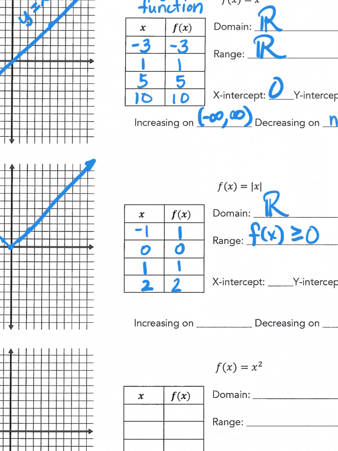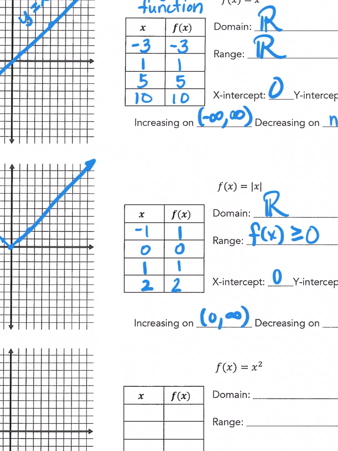Get used to writing f of x instead of y in this class, okay? So what is the x-intercept? What's the y-intercept? Where is it increasing? Yeah, it's increasing from 0 to infinity.